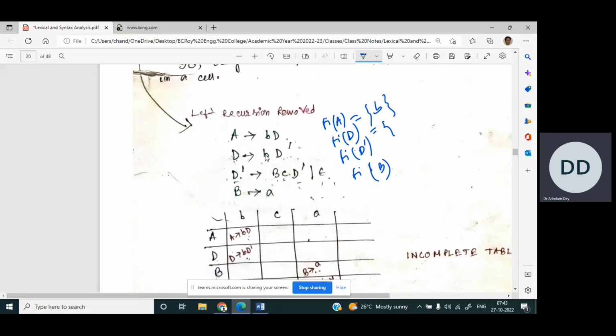First of D, here also only b is there. First of D dash, it is the first of capital B. The first of capital B means a. And also first of D dash means epsilon is also there, correct?